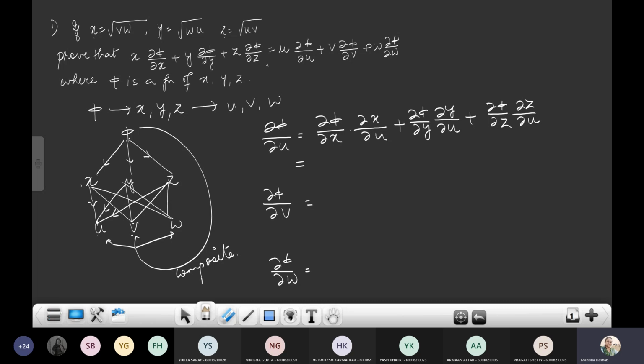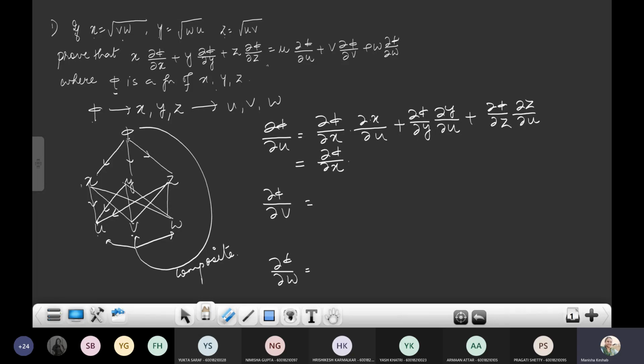Now from here we'll find out whatever we can find. Now del phi del x: phi is just a function of x, y, z, and what function we don't know. Therefore del phi del x will remain as it is. And del x del u: your x is given to be what? Root of vw.